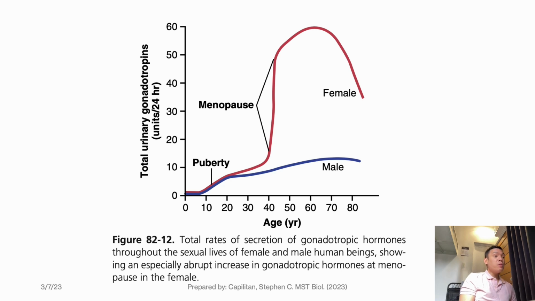These are the total rates of secretion of your gonadotropic hormones throughout the sexual lives of female and male human beings, showing an especially abrupt increase of your gonadotropic hormones at menopause in the female.